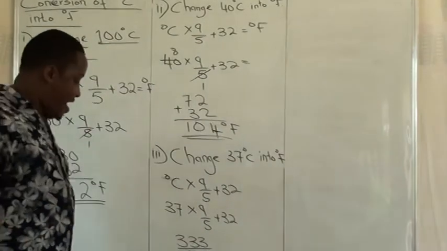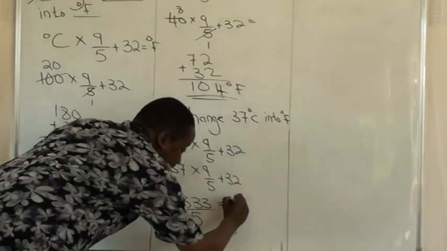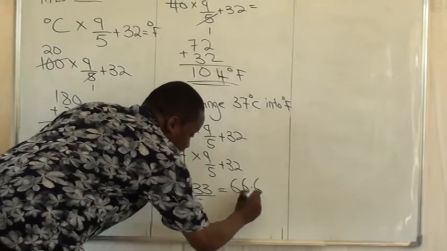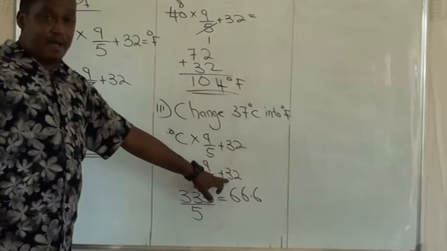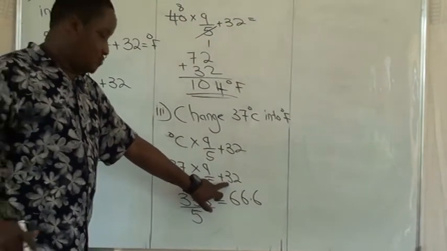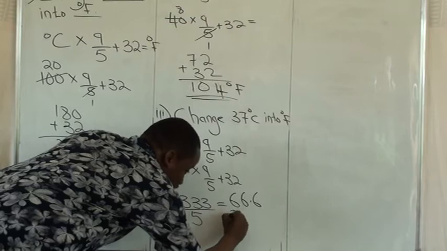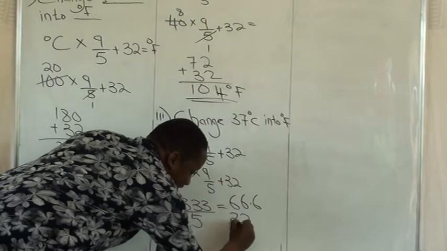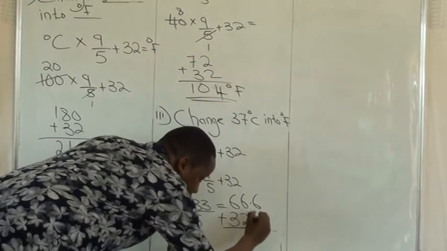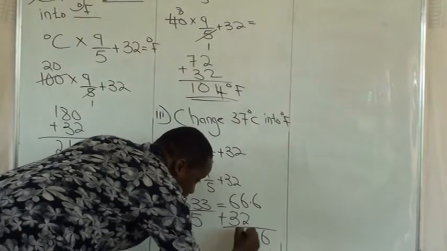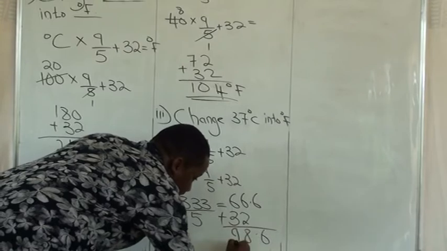When you divide by 5, you get a number like 66.6. But remember, you have not ended there. You have to add 32. And 32 is put before the decimal, not after. And then you can finally add up. You get 6, you get 8, you get 9.